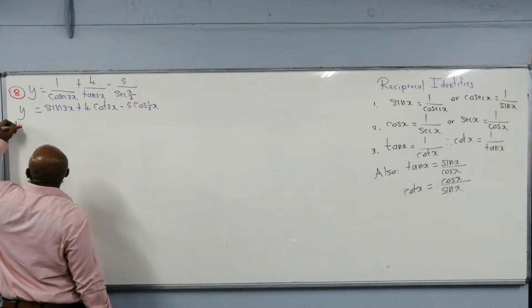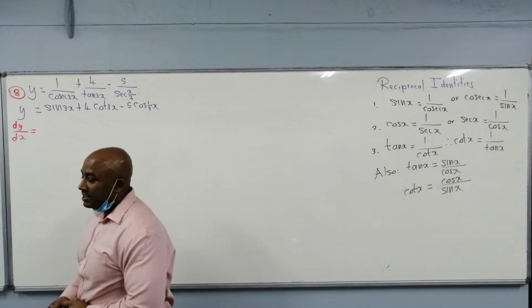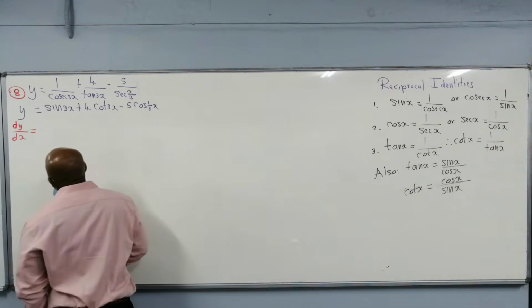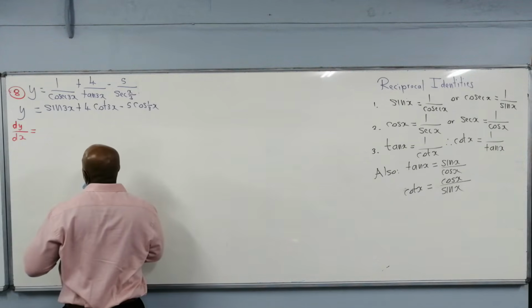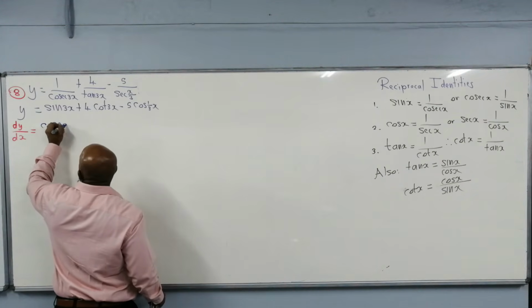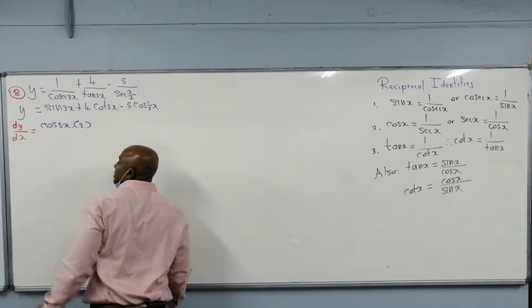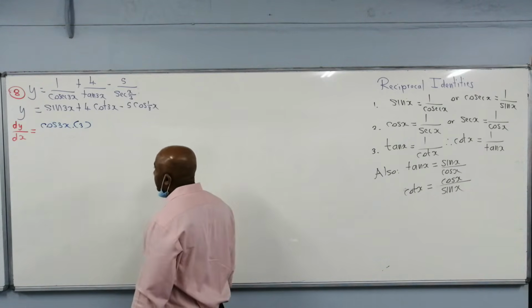So therefore, dy over dx, the derivative of sine 3x is cos 3x. So it's sine f of x, cos f of x times the derivative of 3x, which is 3.